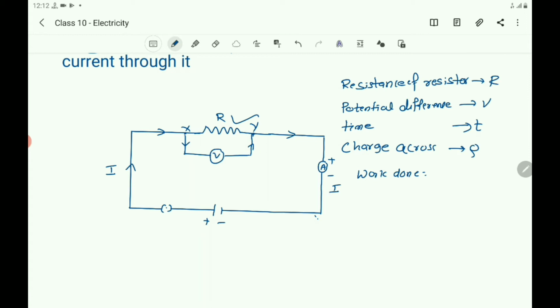So the work done in bringing a charge Q across the potential difference V, that is across the ends of the resistor, is VQ.